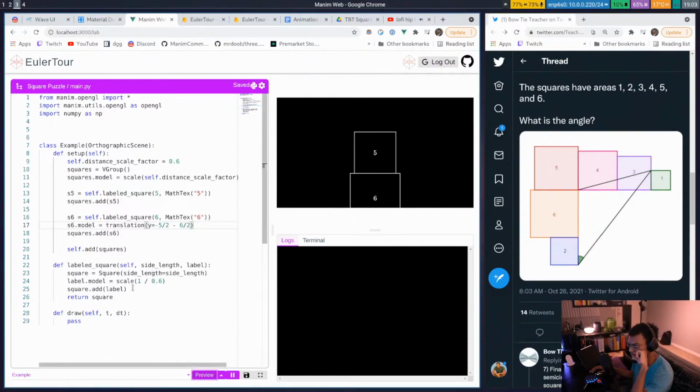Fair enough. I actually want these labels to be a little bit bigger, I think. I should deal with that later. Right now, I actually think I want the scale factor even smaller. Okay, then I'm gonna move the entire squares group.